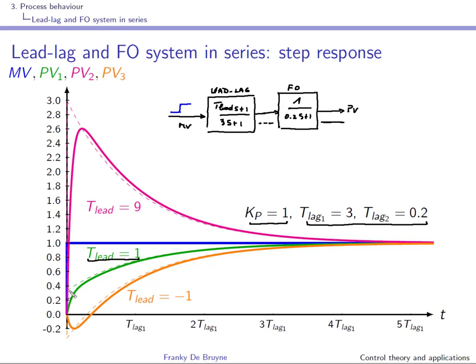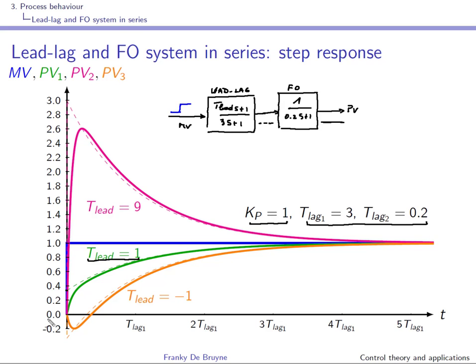The step response of the lead lag system is given here in dashed lines. We have a step response at the origin that is 1/3, and then a first order like behavior, and the system settles at k when t tends to infinity.